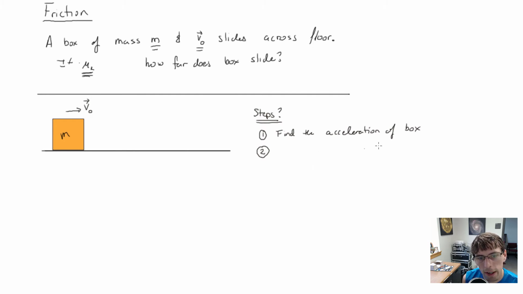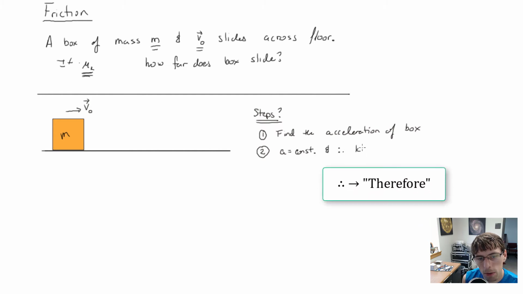Hopefully you see that the acceleration of the box is going to be constant. A is going to be constant, and therefore we should be able to use the kinematic equations to actually find our final distance.